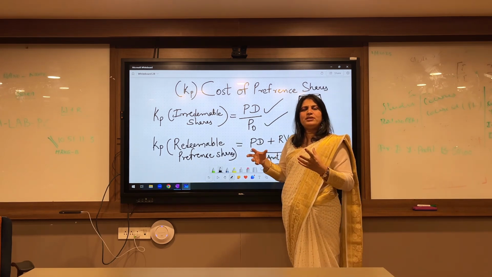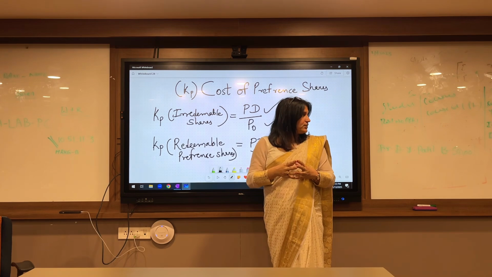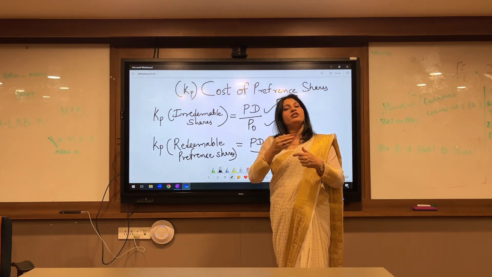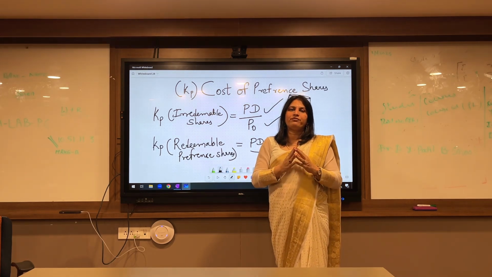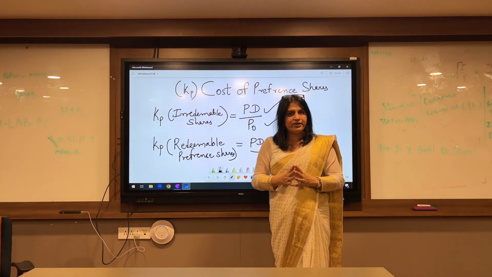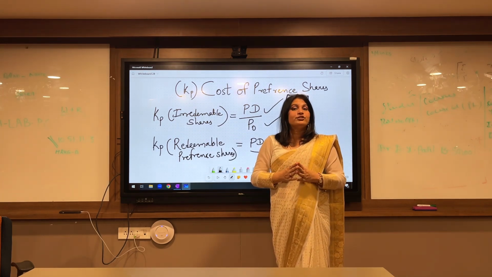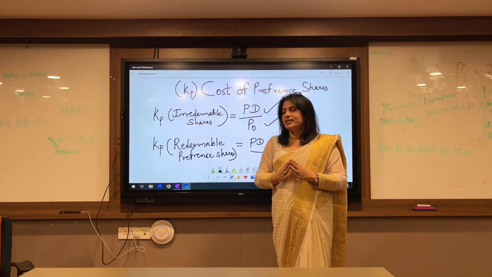So what is this P0? P0 is the price of the shares, the amount received by the company after issuing the preference shares. For example, a company issued preference shares having face value of 100 at a discount of 10 rupees, that is 90. So what is the P0? The P0 is 90. Right?